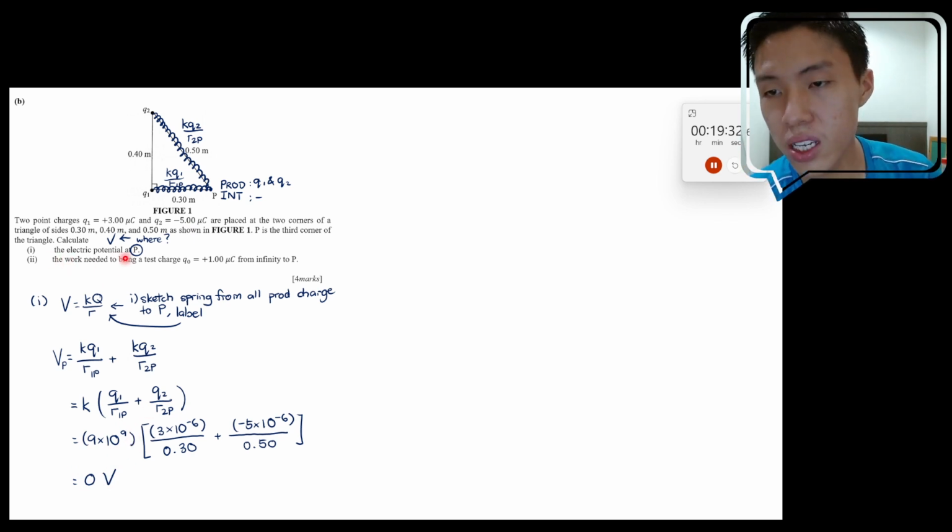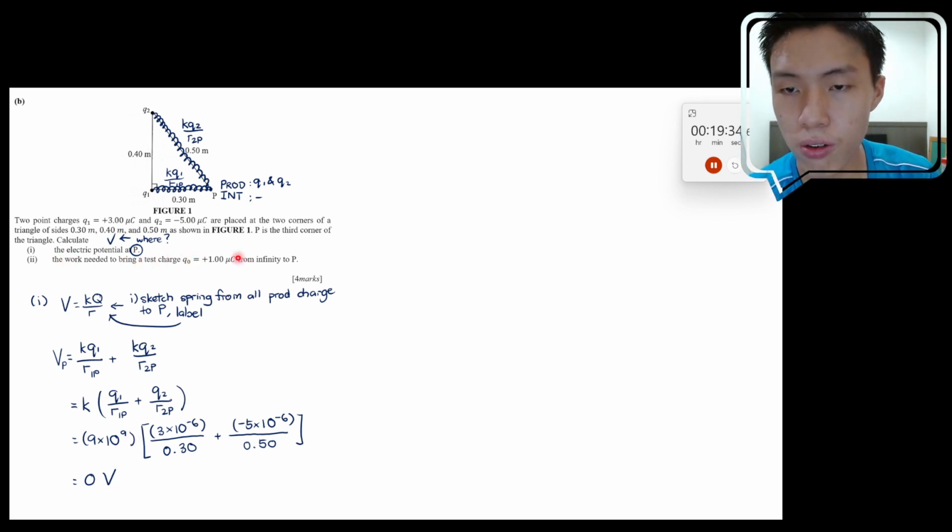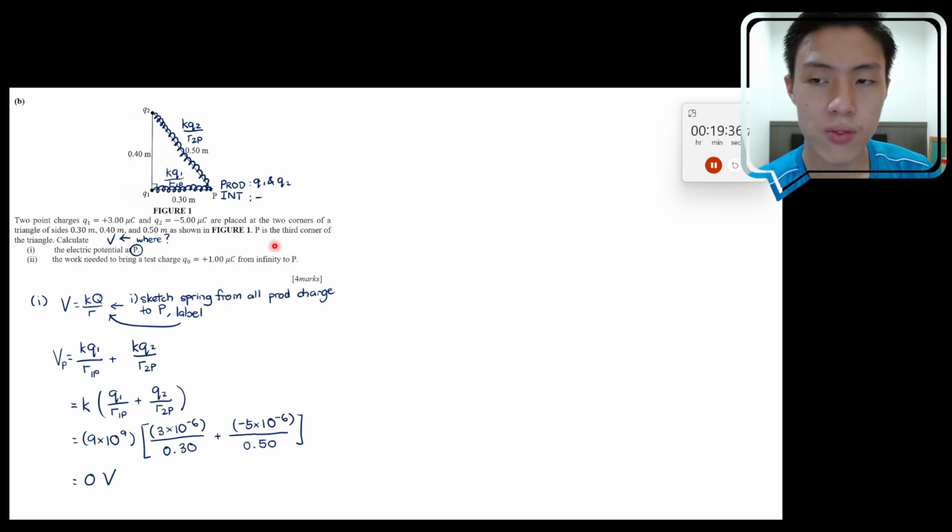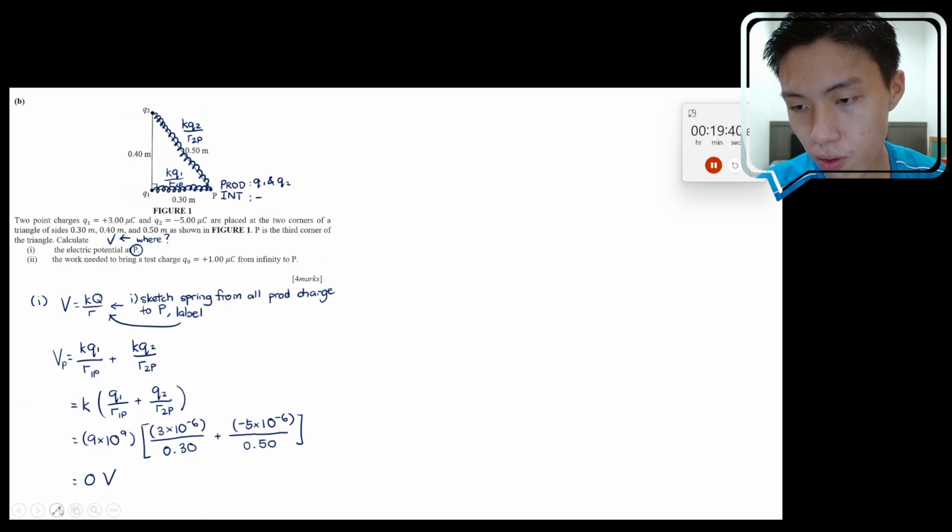the work needed to bring a test charge Q naught from infinity to P. When you see there's work needed, if the question involves work, it requires you to determine from where to where first.